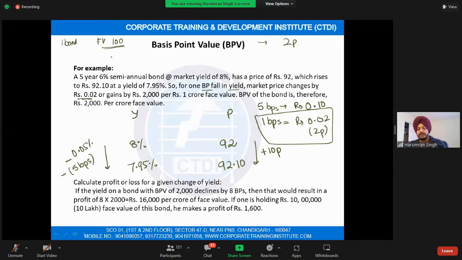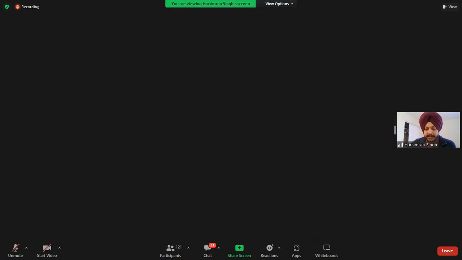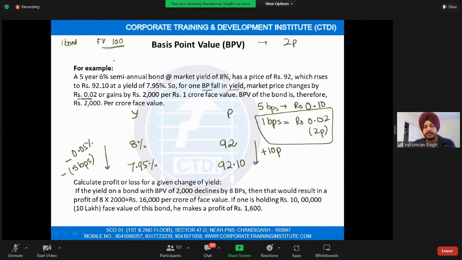Listen first, turn off all your mics. Let me complete. For one bond, the face value is 100 rupees, and if there are 1 lakh bonds, face value will be 1 crore.